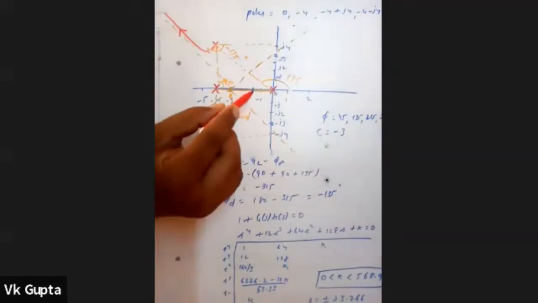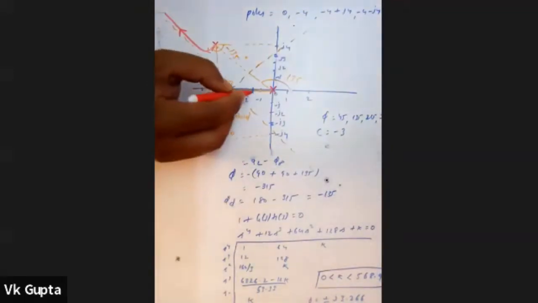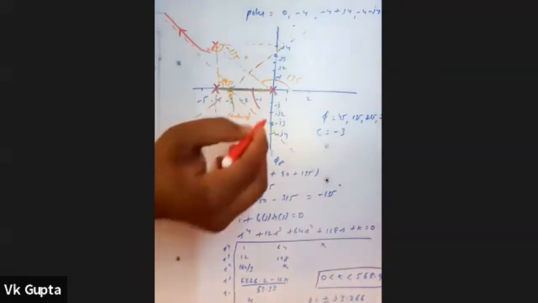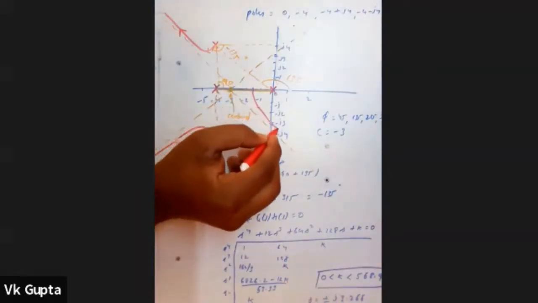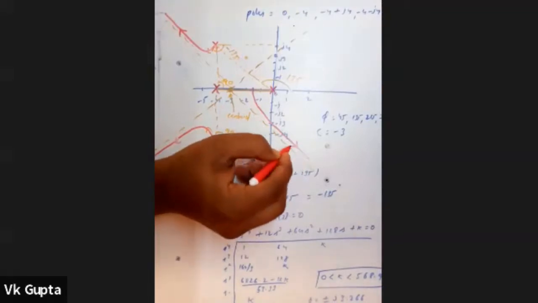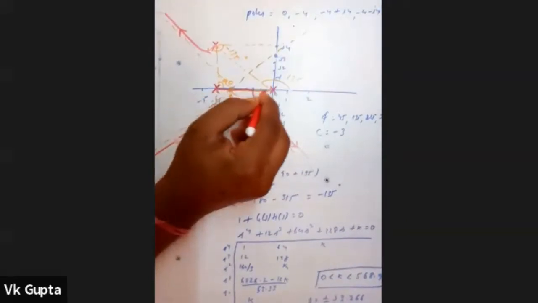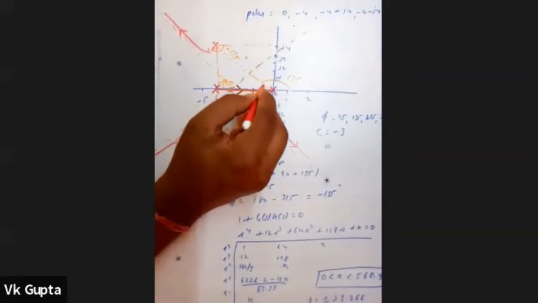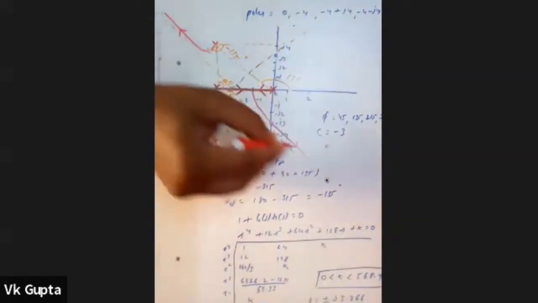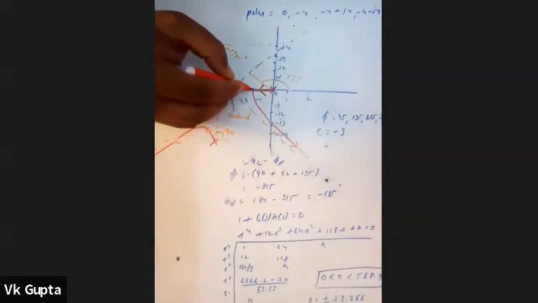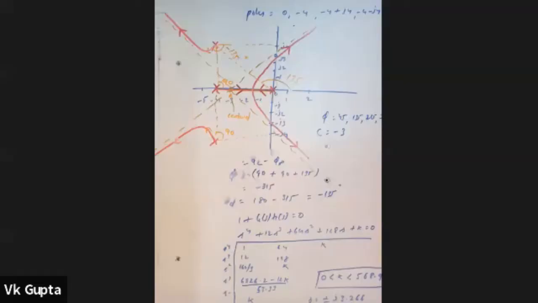Now this is our breakaway point. It will intersect imaginary line, and both will travel up to breakaway point. One will go down and other will go up. So this is how my root locus looks like.